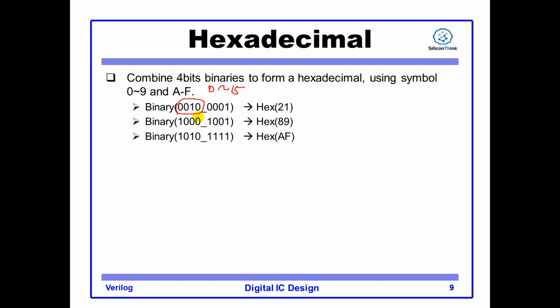So for this binary, if you write it in hex format, it will be 21. Write it as 0x21. So this one in hex format is 0x81, and this one is 0xAF. Usually we combine from the LSB of the binary. Combine this first, then count the other 4 bits.